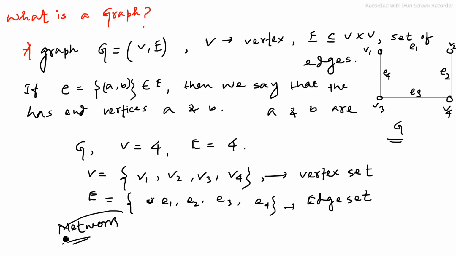A graph represents a relationship between vertices and edges. So this is the basic definition or fundamental concept of a graph. Now we have to define the degree of the vertex.